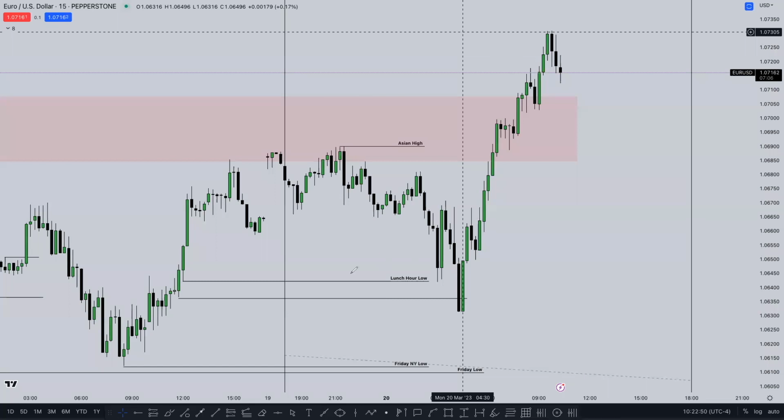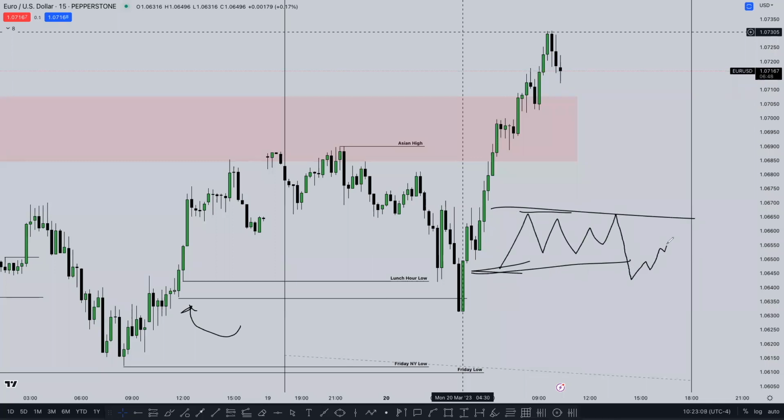So having taken out the consolidation low, you're basically telling yourself, okay, good, let price spool higher. Price takes out the consolidation low, and then you are targeting the consolidation high.